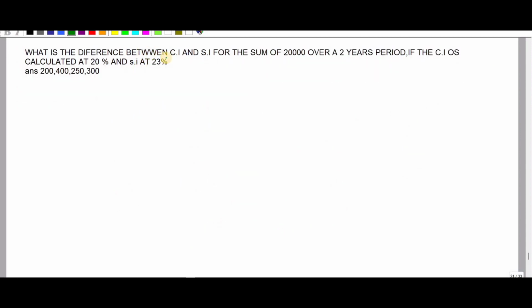What is the difference between compound interest and simple interest for a sum of 20,000 over a 2 year period, if the compound interest is calculated at 20% per annum and simple interest is calculated at 23% per annum? So for 23%, simple interest for 2 years is 46%.